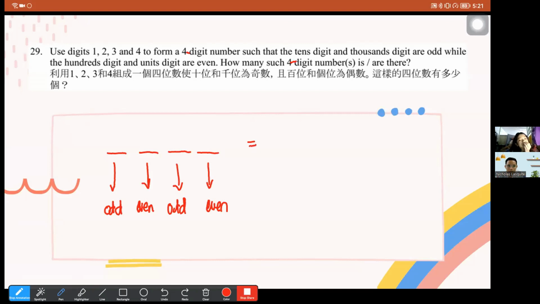It is not stated here that repetition is not allowed. But the problem states to use digits 1, 2, 3, and 4 to form a 4-digit number.